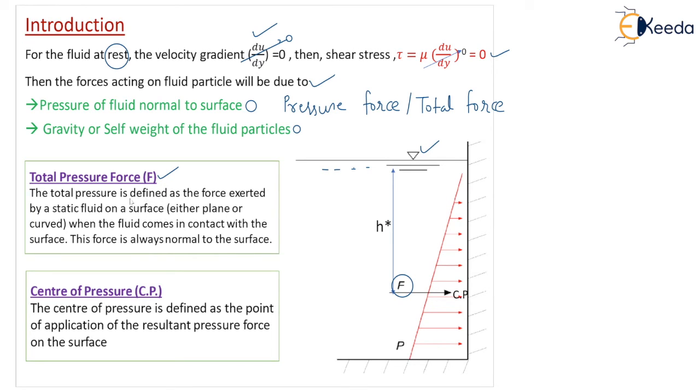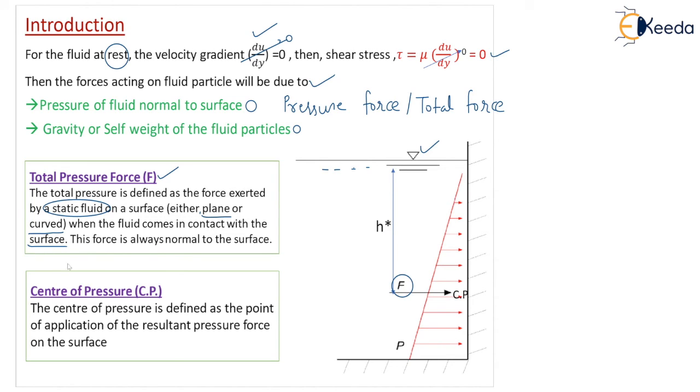What is the definition? The total pressure is defined as the force exerted by the static fluid, a very important word, the static fluid, on a surface, either plane or curved, when the fluid comes in contact with the surface.